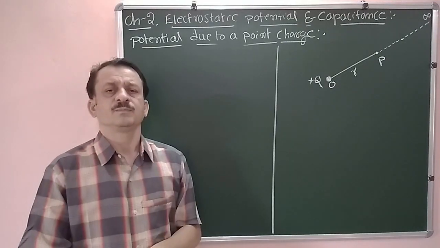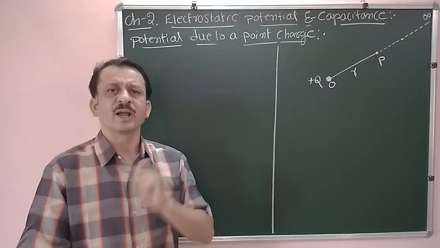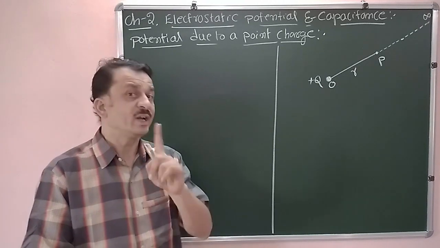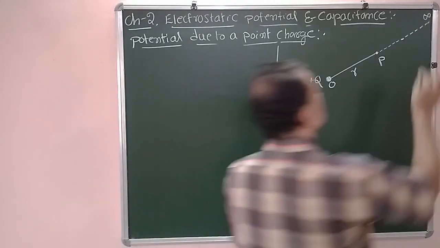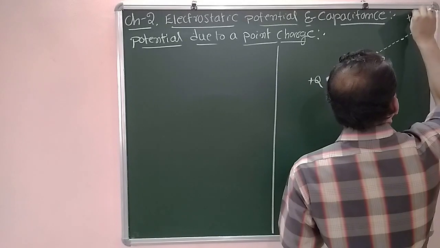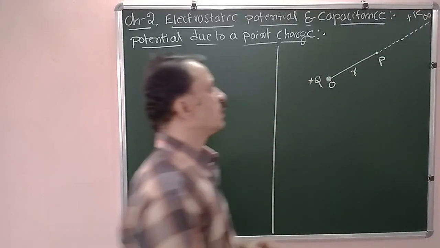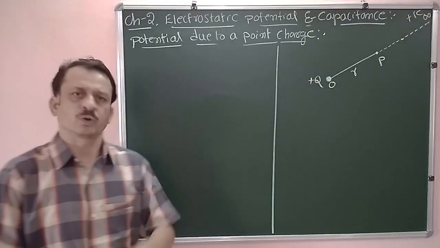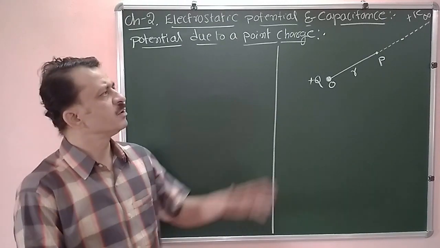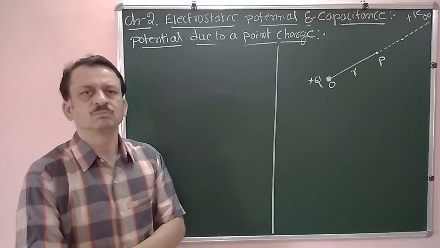For that, I have to bring a unit positive charge, that is plus 1 coulomb. Coulomb is a huge quantity, but for a unit positive charge, we are taking it as 1 coulomb.